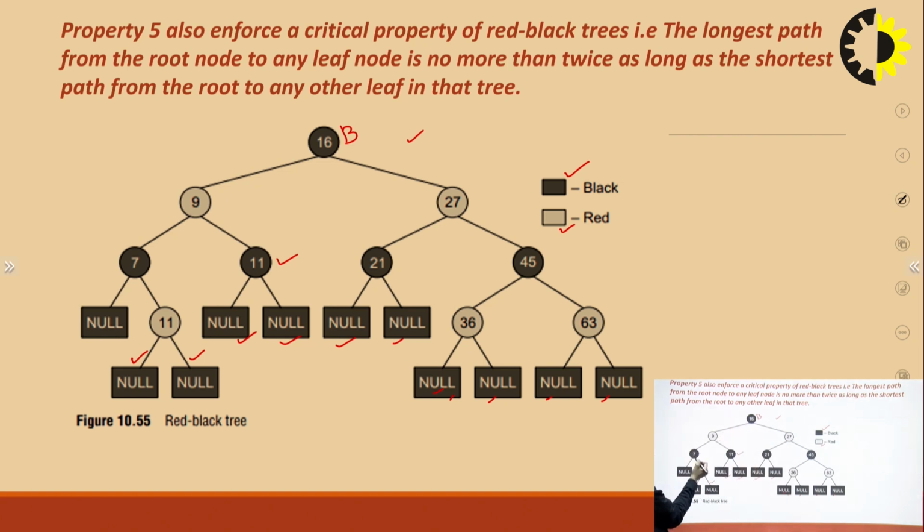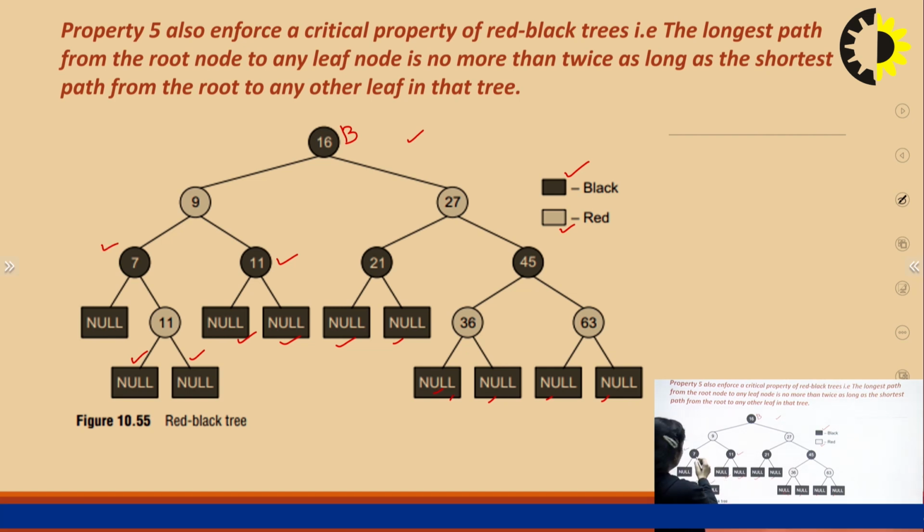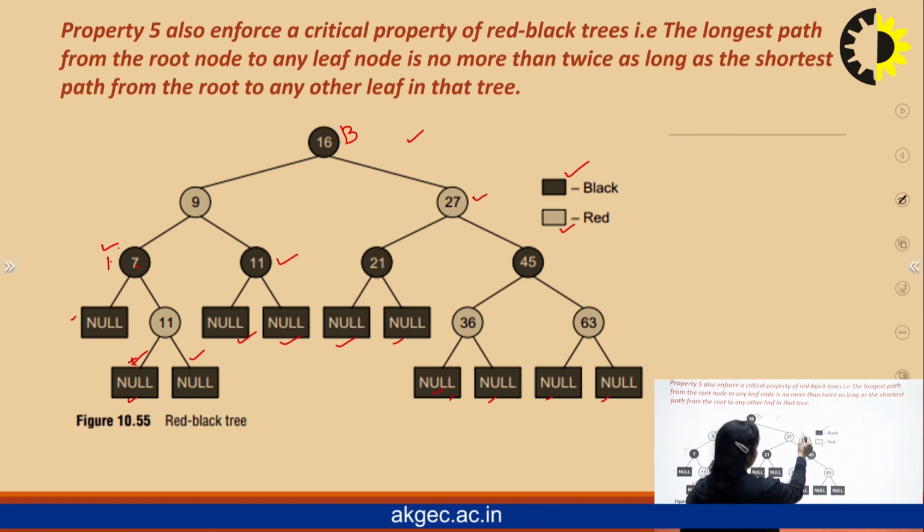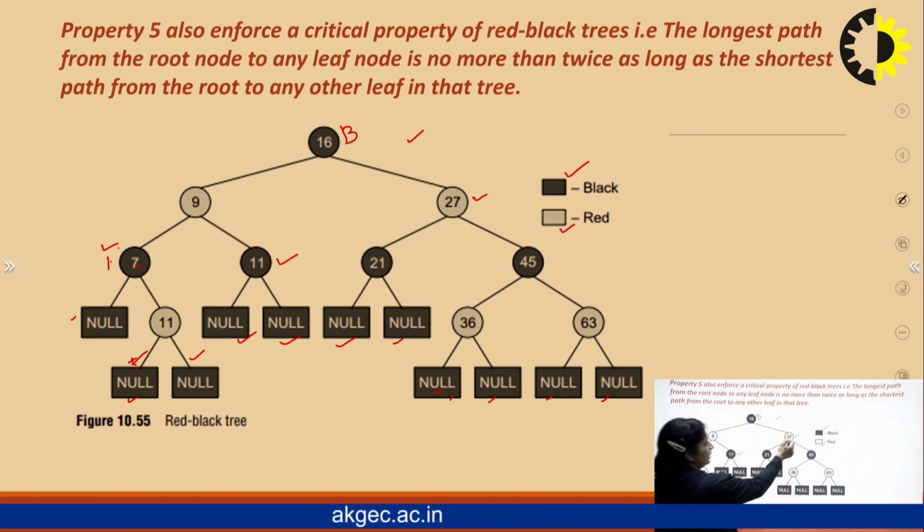Like we are calculating the black node height of this node, which is 1 because here only 1. And if we see this one from this node, then also here is 1 because the black node is only 1. Again we will see the height of this node.